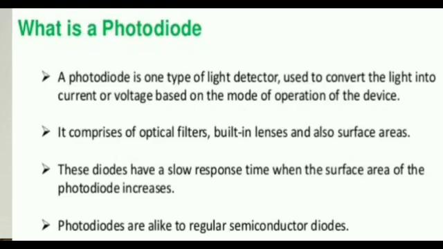Next, these are some extra points. A photodiode is one type of light detector used to convert light into current or voltage based on the mode of operation of the diode. It comprises optical filters, built-in lenses and surface areas.